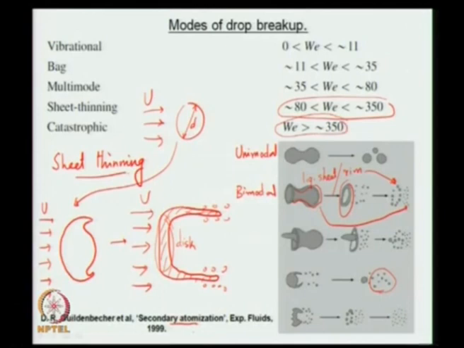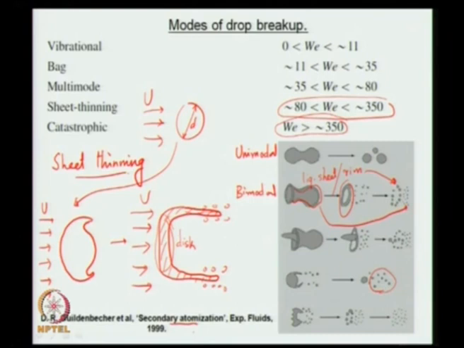The last breakup process is what is often called a catastrophic breakup process, which is where the Weber number is greater than about 300 and something, and this is actually very difficult to investigate, and there is not much information available on how drops behave in this situation.